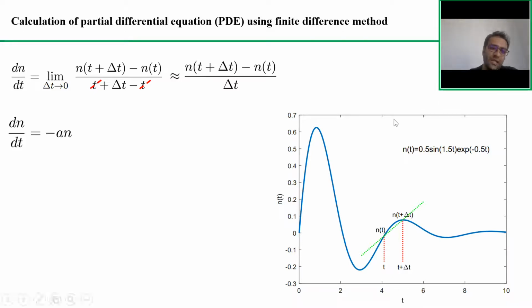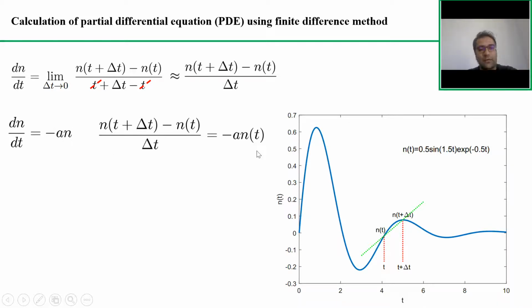So if I use this definition for calculation of this differential equation, I just substitute the definition here, and I write the right part just here. So n(t plus delta t) minus n(t) divided by delta t will be equal to minus a n(t). I did nothing, I just substituted this in this function.